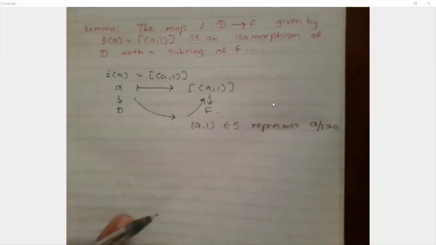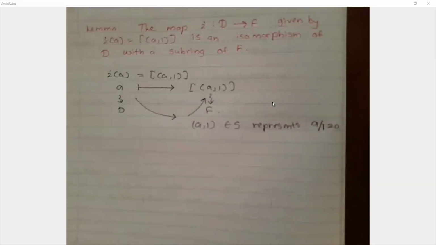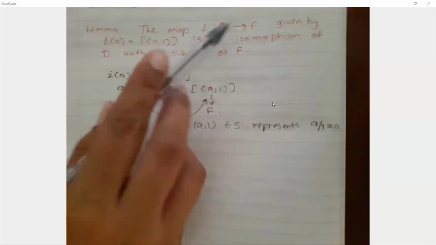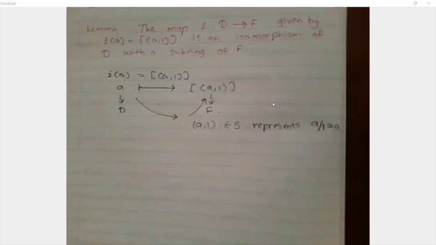Now we have to show that this I is an isomorphism. D is an integral domain, F is a field, they are both rings. Therefore, first we show that I is a ring homomorphism. We will show that I is 1-to-1 and it is onto its domain, which will be a subdomain of F. That is exactly what we want to prove.